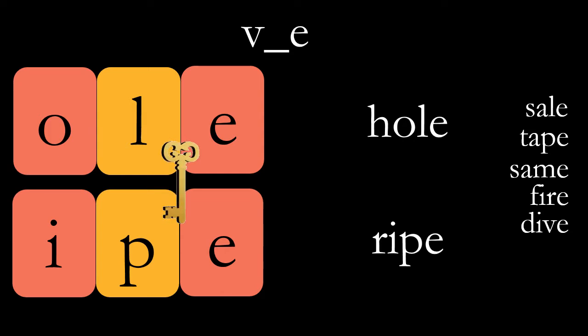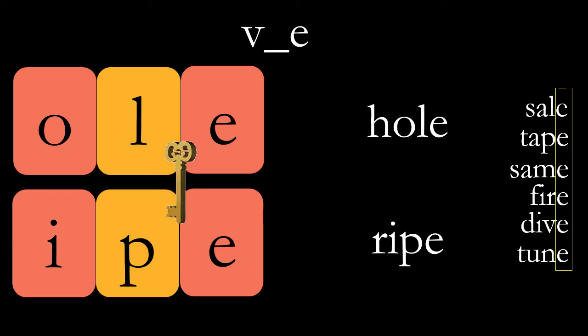It's really important, and there are tens of thousands, probably hundreds of thousands of words that use this. So that E is a really busy letter. And we get words like sail, tape, same, fire, dive, tune. All right, this is something we've already talked about. There's nothing new here.